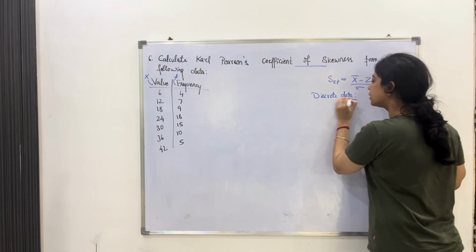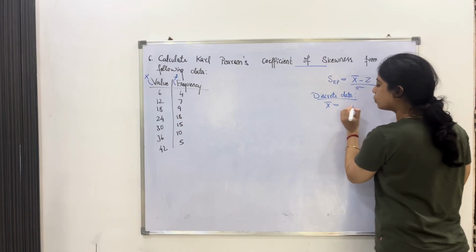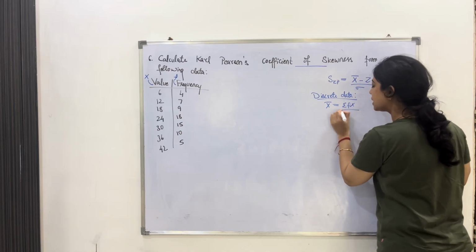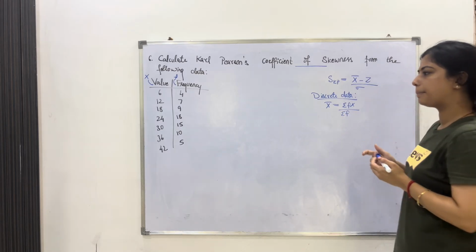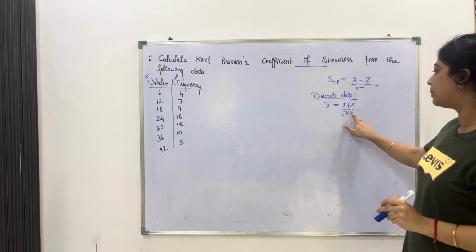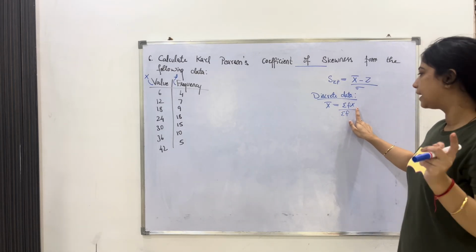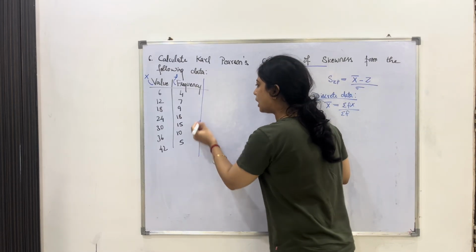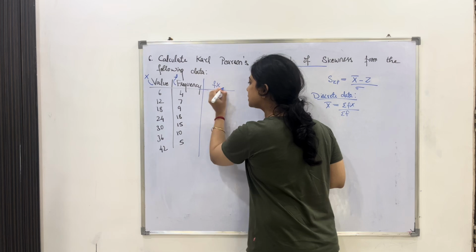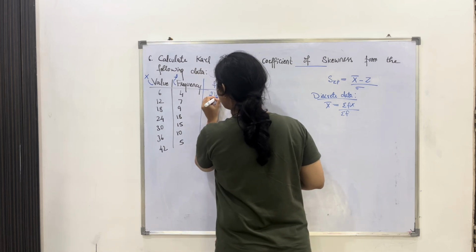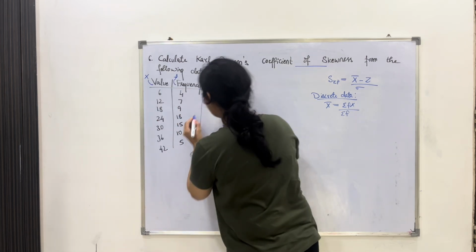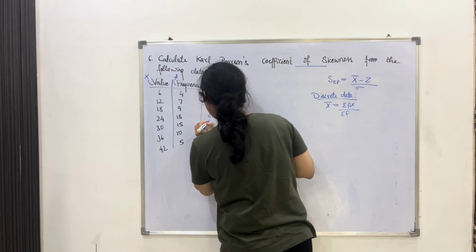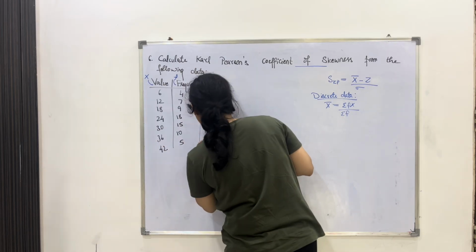So we'll start off with the mean. Mean is equal to summation f into x by summation f, or capital N. In this case, first we need to multiply frequency into x, get the total of it, and then take the total of frequency. After multiplying f into x, the values are 24, 84, 162, 432, 450, 360 and 210.